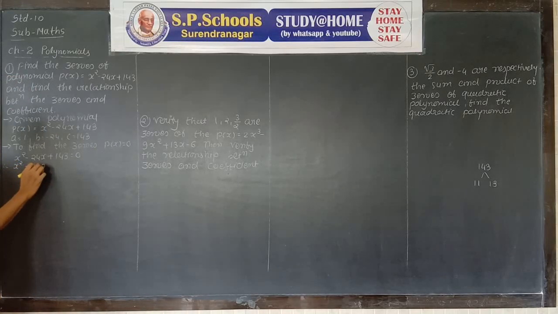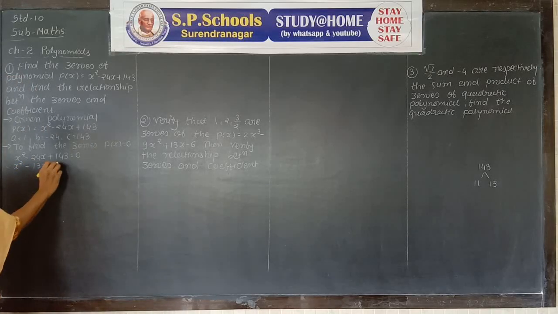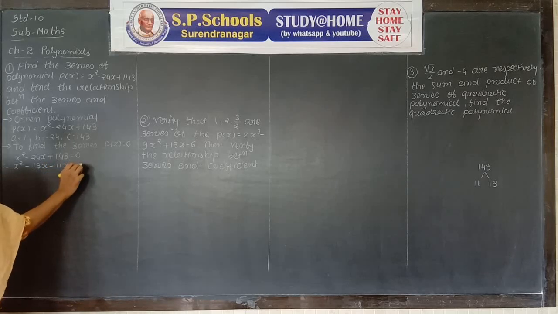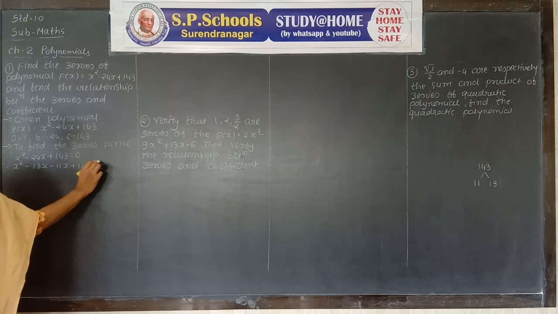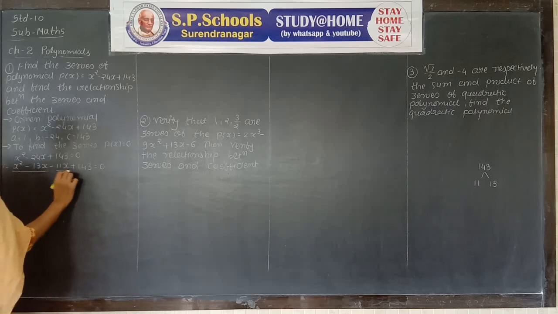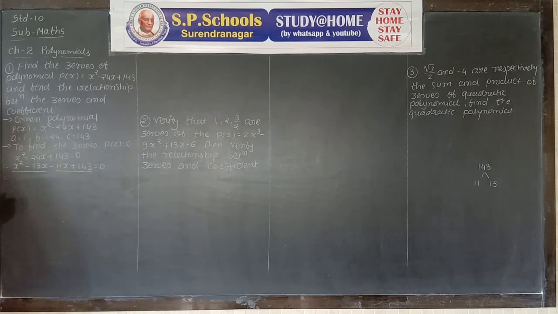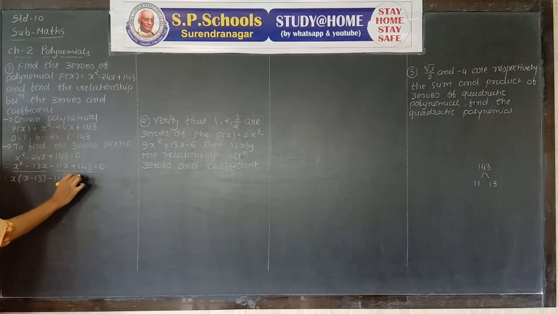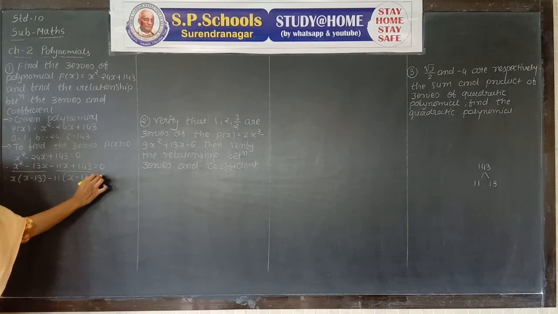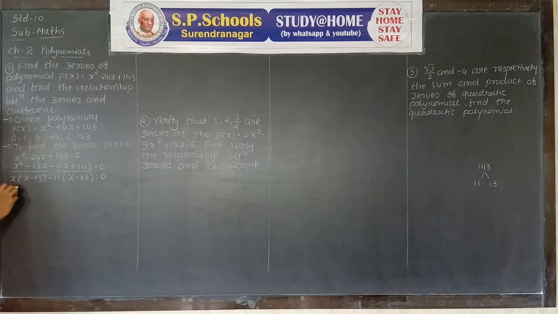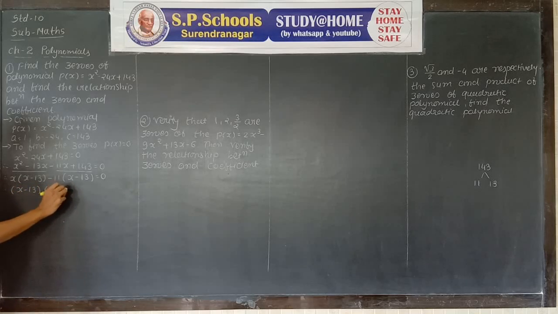x square minus 13x minus 11x plus 143 is equal to 0. Pair the first two terms and the last two terms. Now x is common, remaining in the bracket x minus 13; minus 11 is common, remaining in the bracket x minus 13. So x minus 13 in the first bracket, x minus 11 in the other bracket is equal to 0.